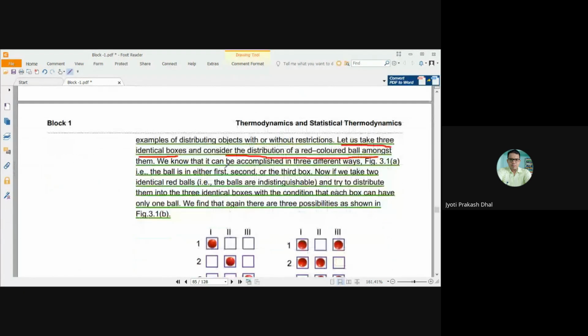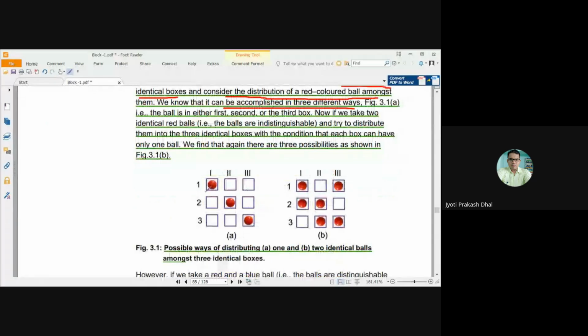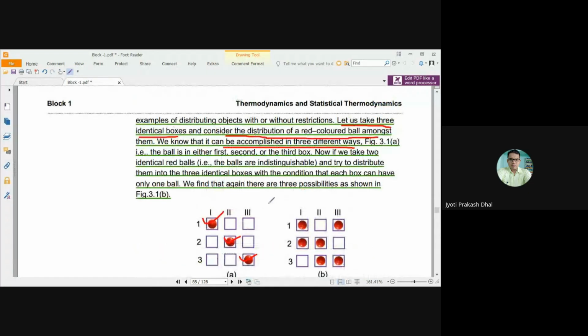We know that it can be accomplished in three different ways. That means the red ball can be placed in the first box, or in the second box, or in the third box. That is, the ball is in either the first or second or third box.